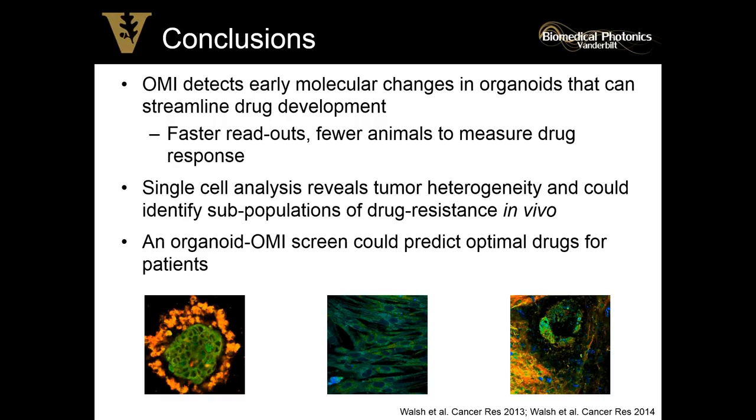Single-cell analysis reveals tumor heterogeneity and could identify subpopulations of drug response and resistance in vivo, which is really important for developing drugs. And we believe that this high-throughput organoid OMI screen could predict optimal drugs for individual patients, and we're validating this in the neoadjuvant setting right now for breast cancer.